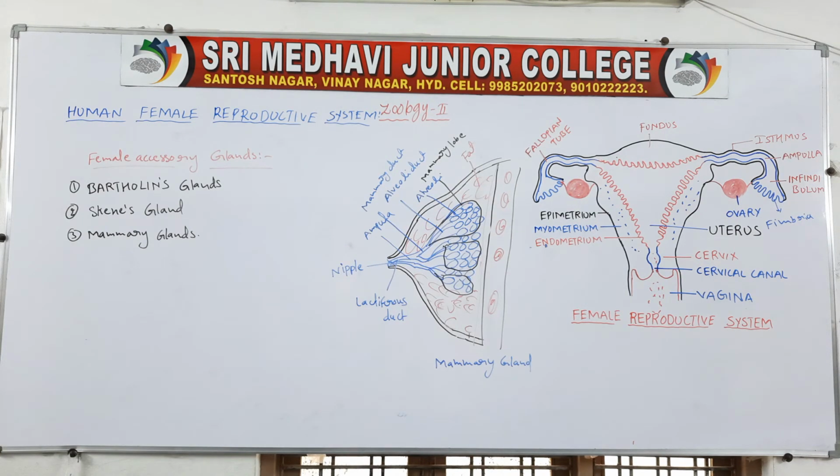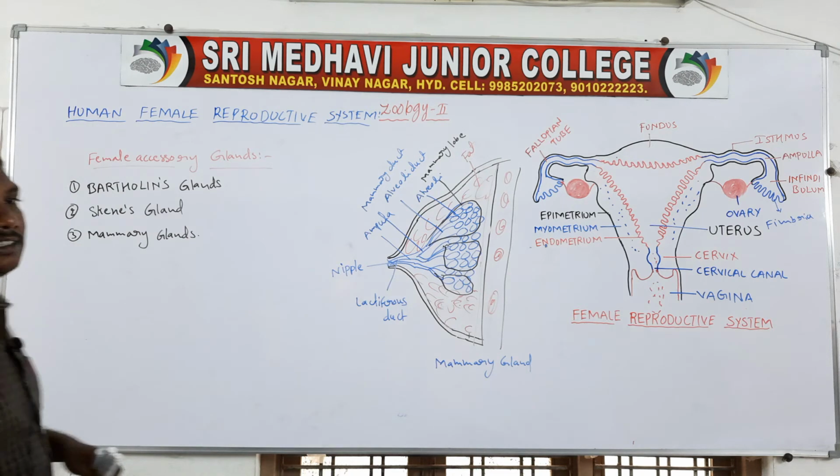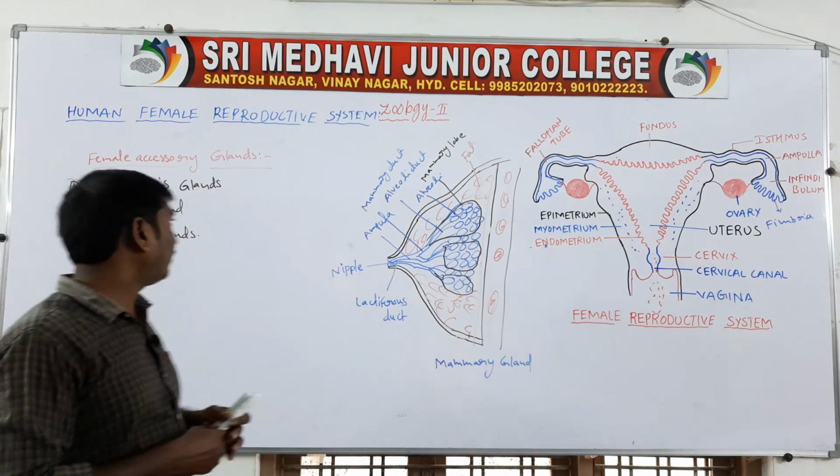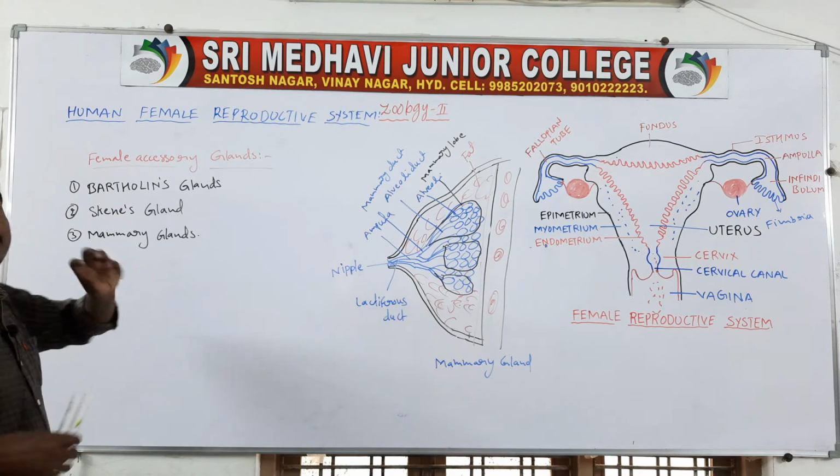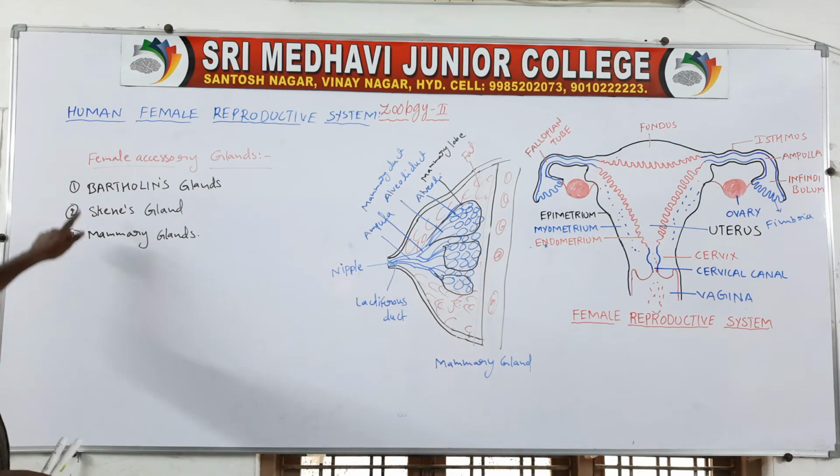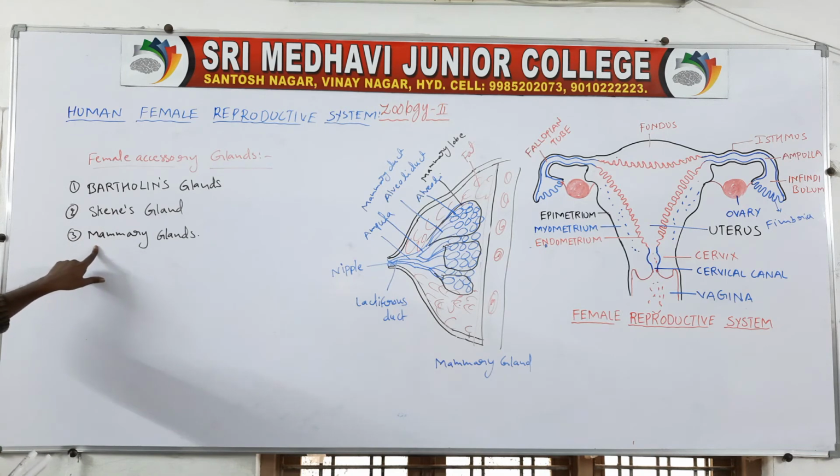Next, female accessory reproductive glands. There are three types: first, Bartholin glands; second, Skene's glands; third, mammary glands.